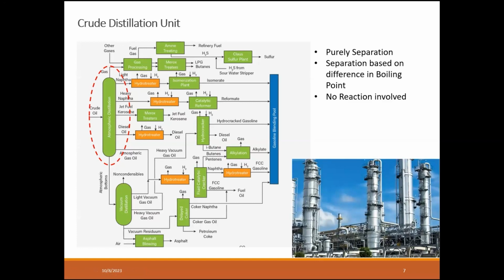The separation is based on differences in boiling point, and there is no reaction involved. These are the typical distillation columns, I would say. The crude distillation column might be the biggest one among these four towers. The rest are, I think, fractionators, I would say.